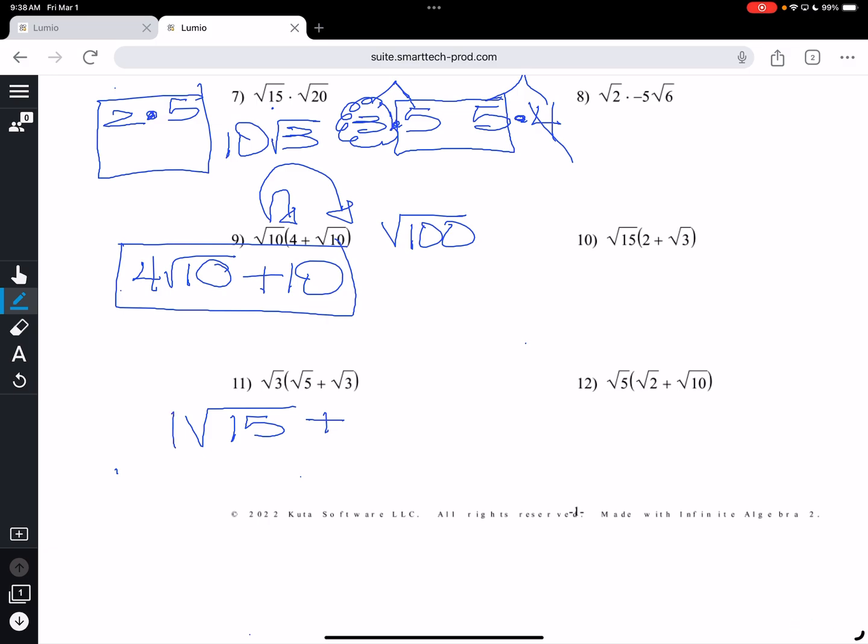So radical 3 times radical 5 gives us radical 15. And then radical 3 times radical 3 is radical 9, plus 3, which becomes 3. Why isn't it a radical 3? Why isn't it a what? Radical 9. Radical 9 is a perfect square. Remove it as a 3.